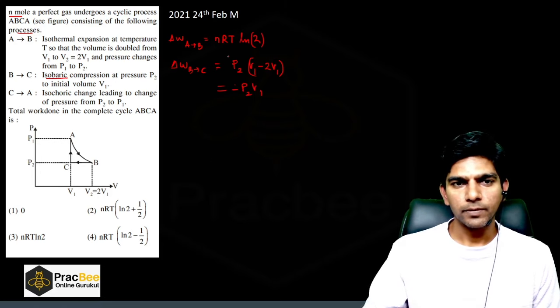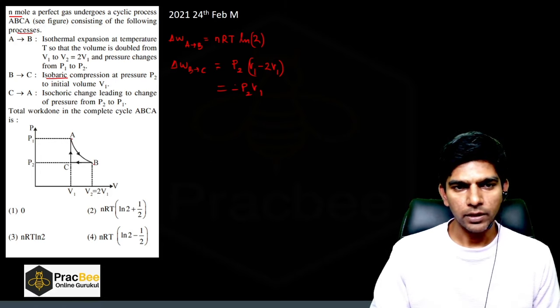Okay, since A and B are two points on the same isotherm, we can say P1 V1 is equal to P2 times 2V1, right? So we can say P2 is half of P1.